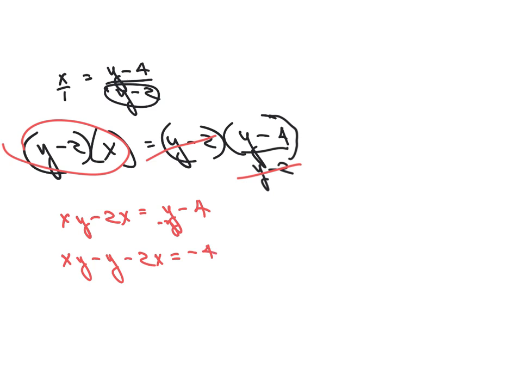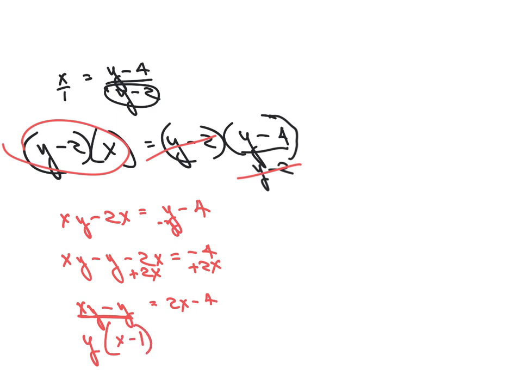Okay. Now I'm going to send this 2x over here. So I have xy minus y equals 2x minus 4. And then I can see here that I have some y's together, so I'm going to factor out a y.